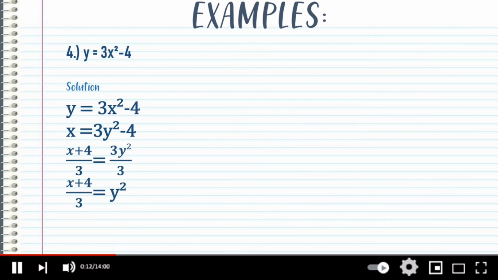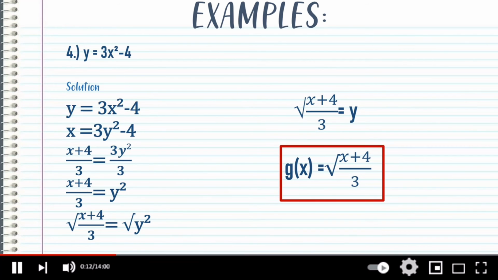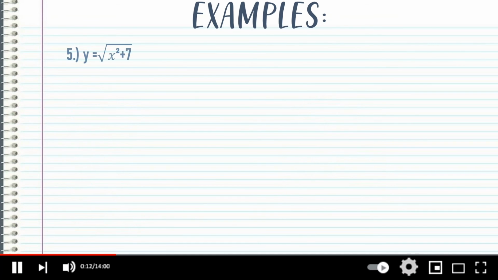So it will become (x + 4)/3 = y², since the 3 is cancelled. Now let's eliminate the square of y by adding a square root to both sides. So here we have √((x + 4)/3) = y. Denote the inverse as g(x), so we have g(x) = √((x + 4)/3).